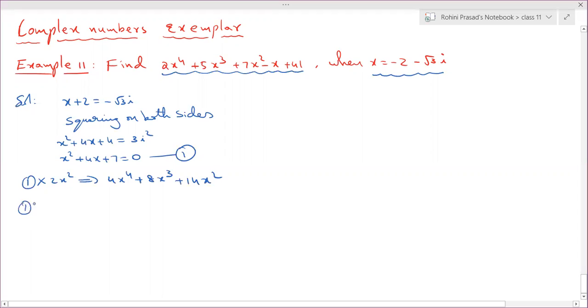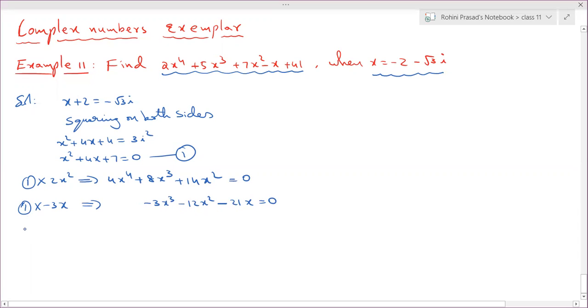So equation 1 multiplied with minus 3x gives minus 3x cube minus 12x square minus 21x equal to 0.